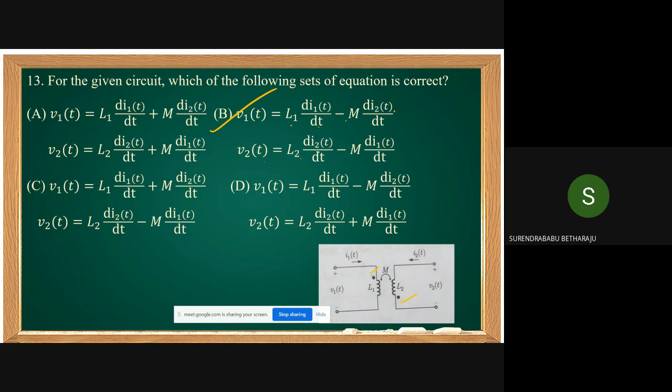V2 of t equal to L2 into di2 by dt, because this self inductance is because of this current. But for mutual inductance, for this coil with respect to this one, it is because of this current, di1 by dt. That's why option B is correct.